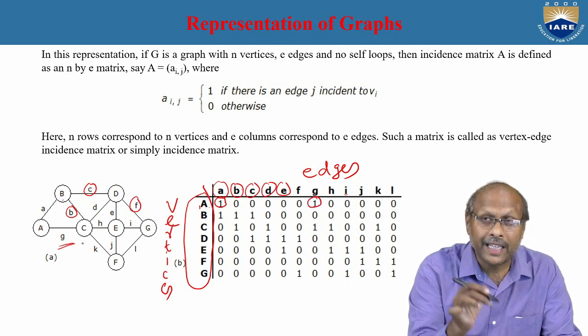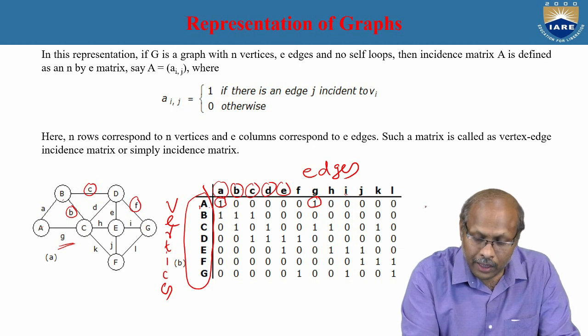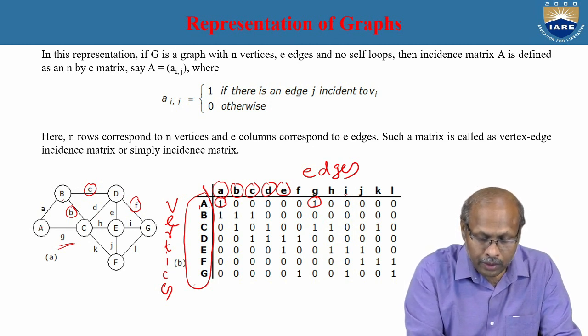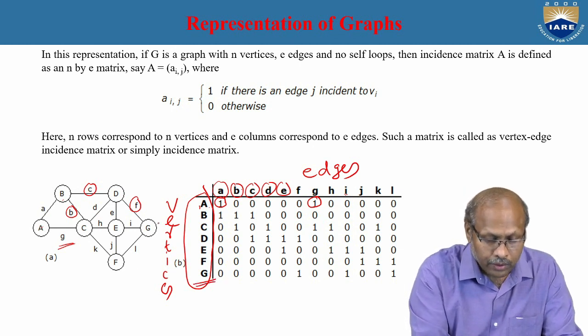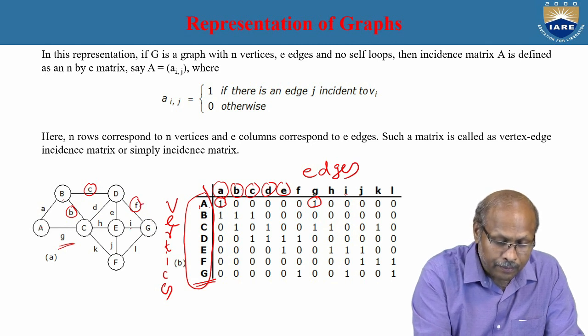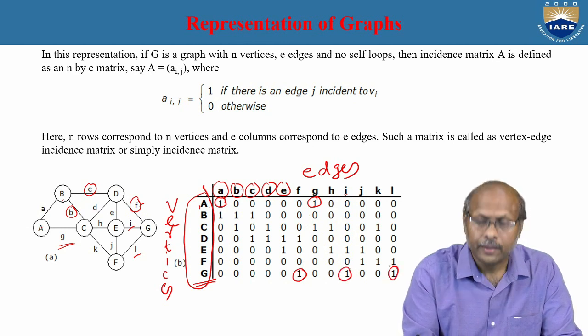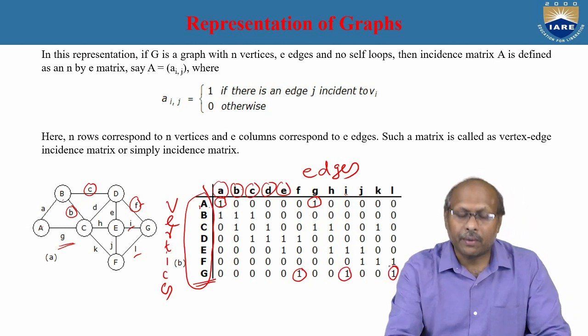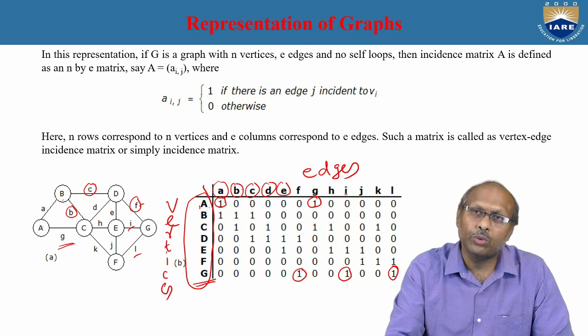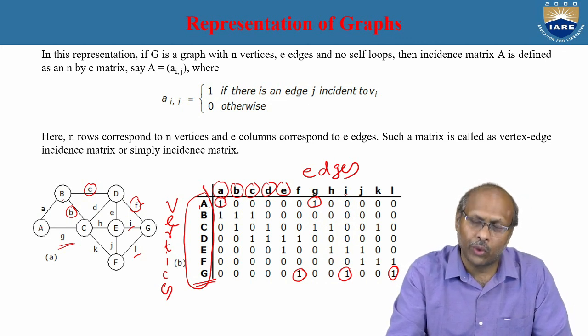Whichever edge is linked with A, there you write 1. Now if you think about g, the edge g is linked with f, i and j. Wherever it is linked, there you find 1. If it is not linked, write 0.